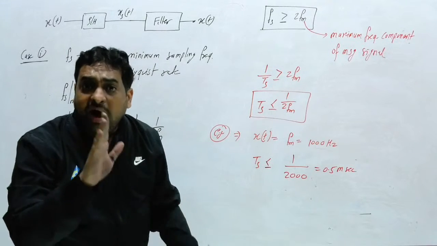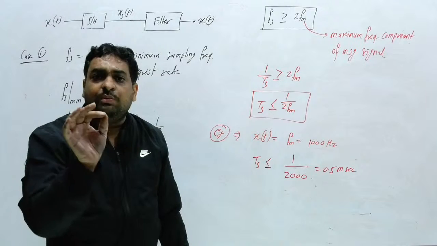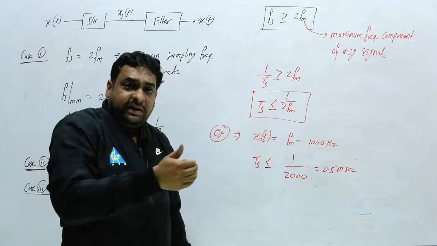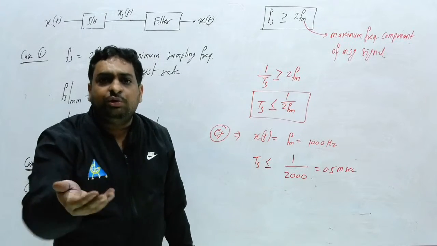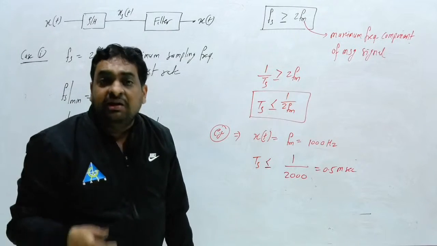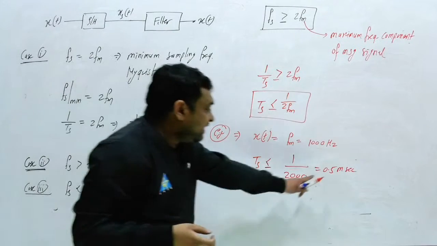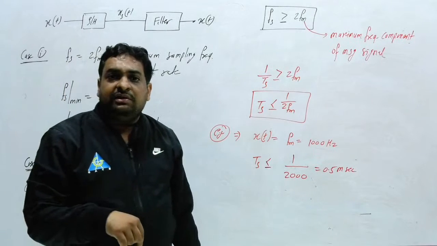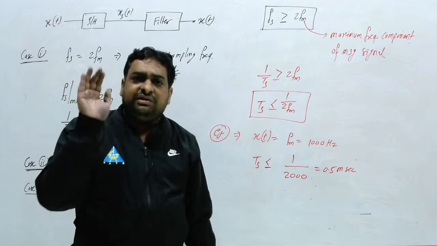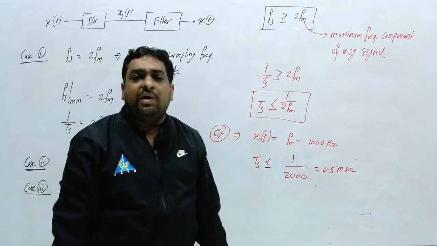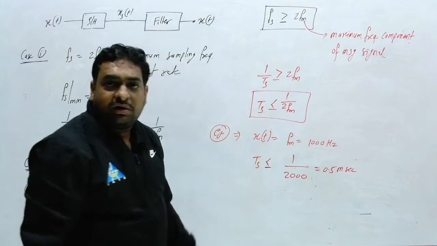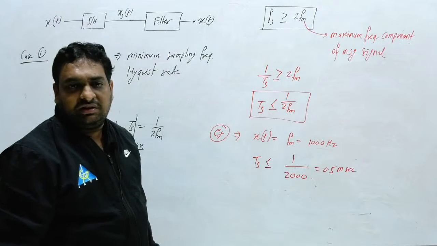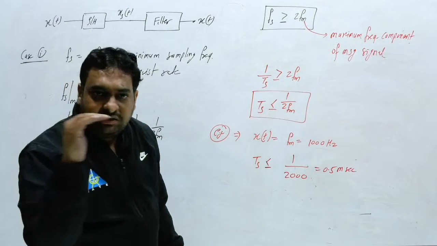What can be the maximum speed of it? With 0.5 millisecond as the limit, Ts can be 0.2, 0.3 or 0.4 millisecond, but you cannot consider 0.6 millisecond here. This is the important thing: how fast a sampler you require depends on the signal you want to transmit.